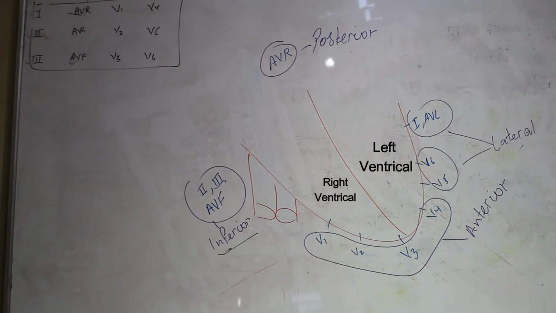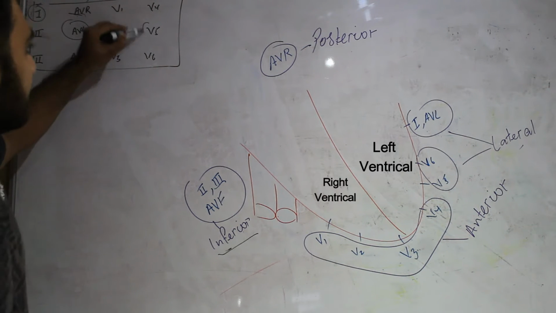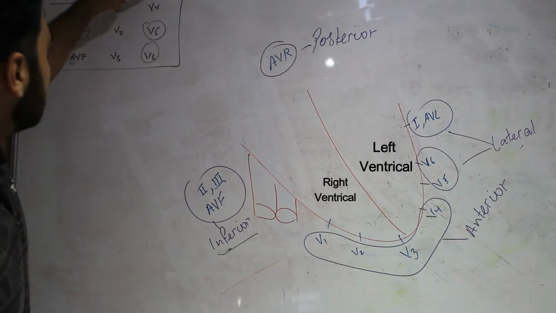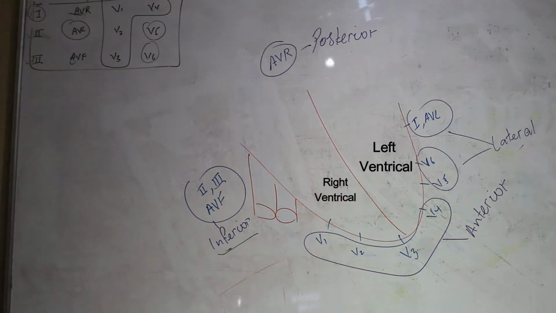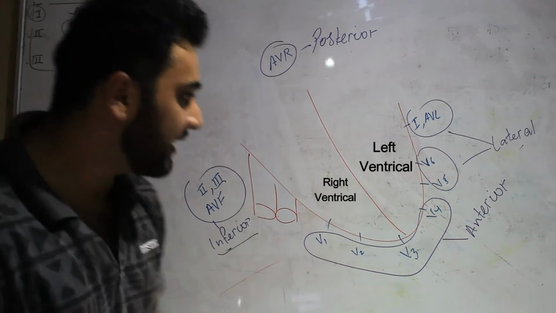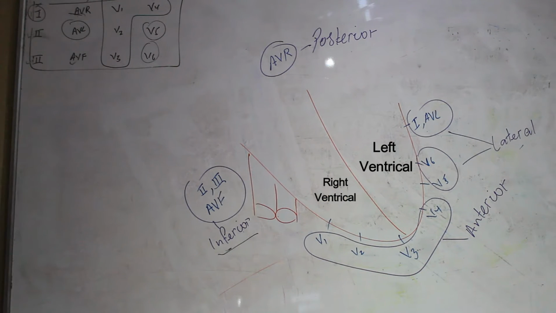Your lateral part of the heart is being looked at by your lead 1, AVL, and your V5 and V6. And the remaining look at the anterior part. The remaining are these V1 to V4 leads. Okay, so just remember this. You have to frame this diagram. It's quite easy. So now let's put this into practice.